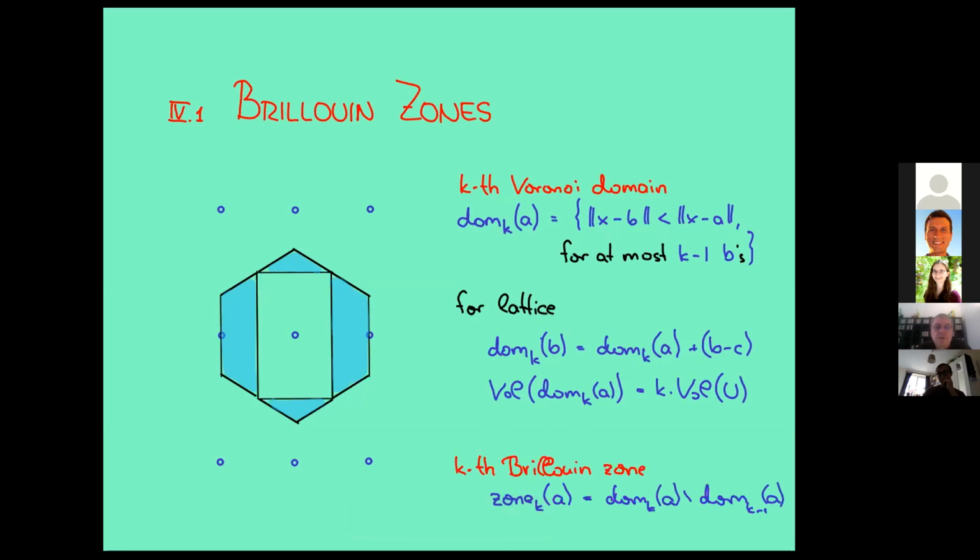This is very similar to the kth Voronoi domain, except that I subtract the K minus first Voronoi domain. So I remove this rectangle in the middle. This would be here the second Brillouin zone. If a point x is inside of this second Brillouin zone, then A, the point in the middle, is the second nearest. And that's all there is.